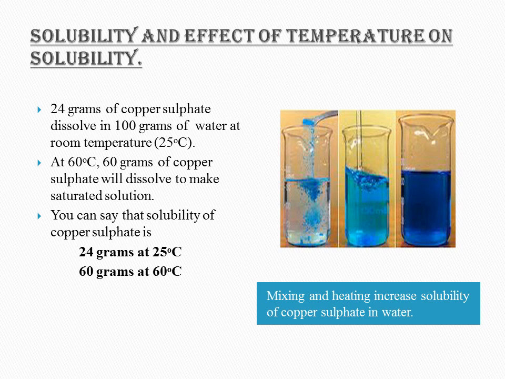So 60 grams of copper sulfate can dissolve to make a saturated solution. So we can say that the solubility of copper sulfate is 24 grams at 25 degrees centigrade and 60 grams at 60 degrees centigrade.